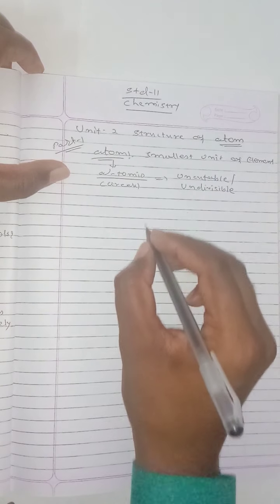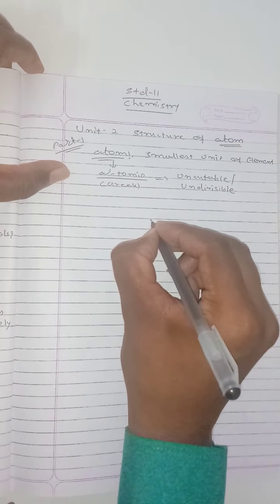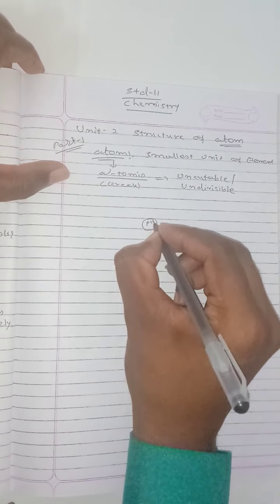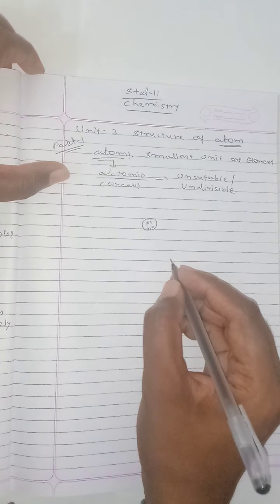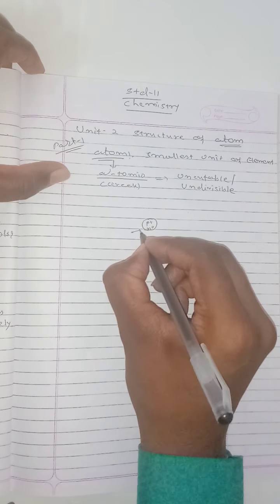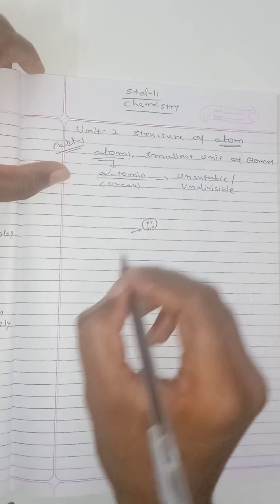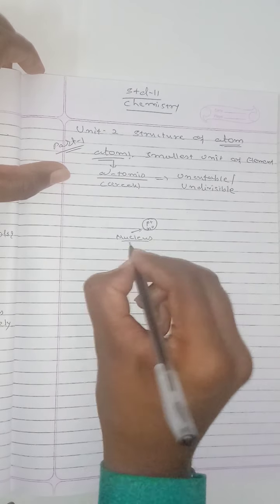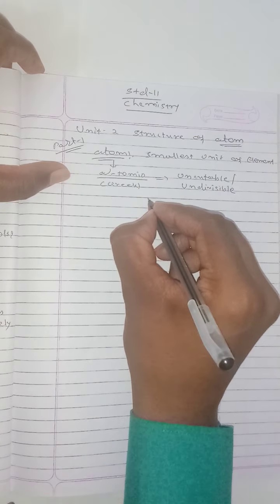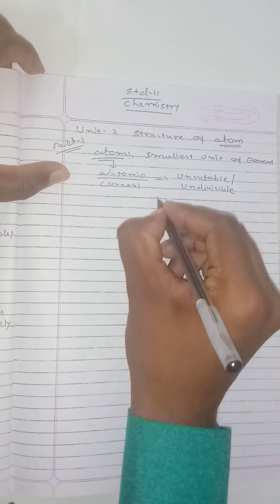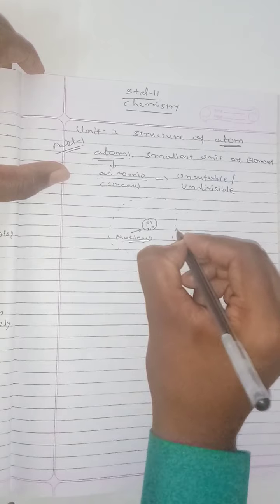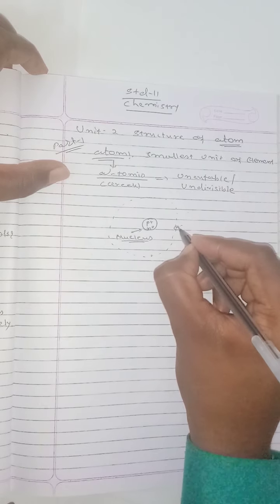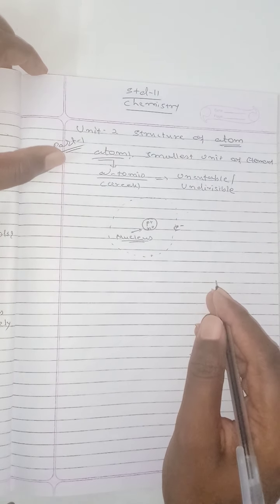First of all, in atomic structure, the nucleus of the atom has positively charged protons and neutral particles, that is, neutrons. This is said to be the nucleus. This nucleus is surrounded by electrons having negative charge.